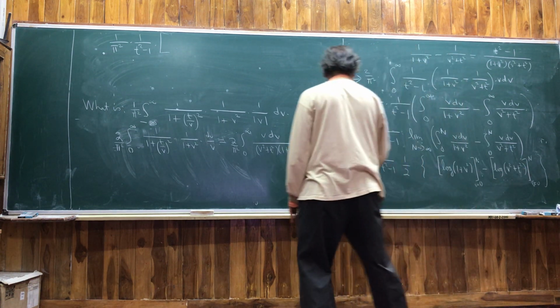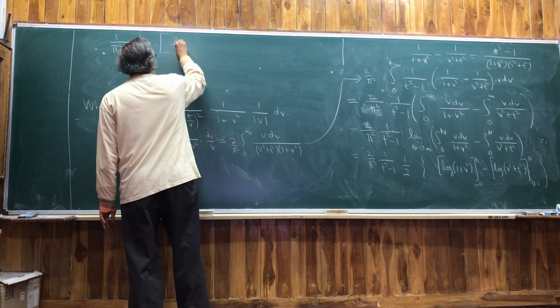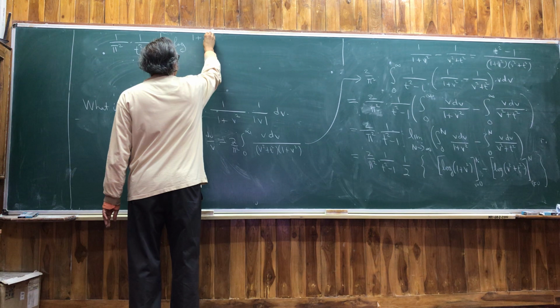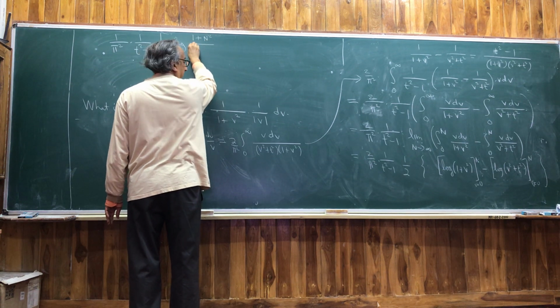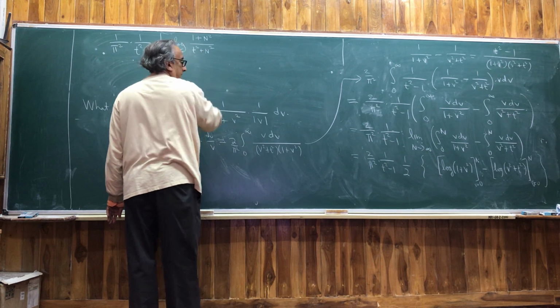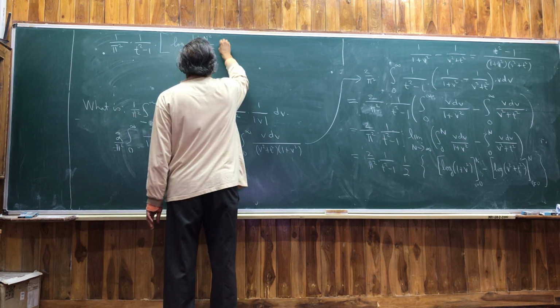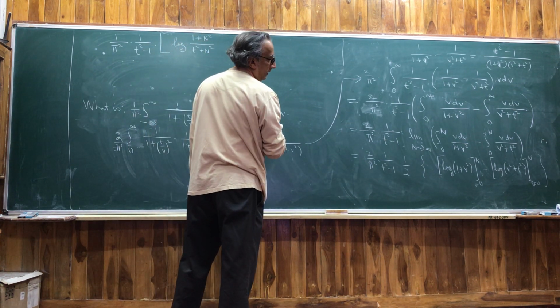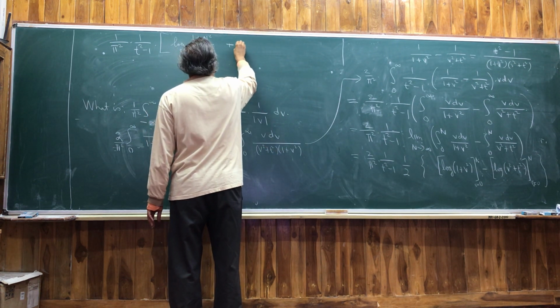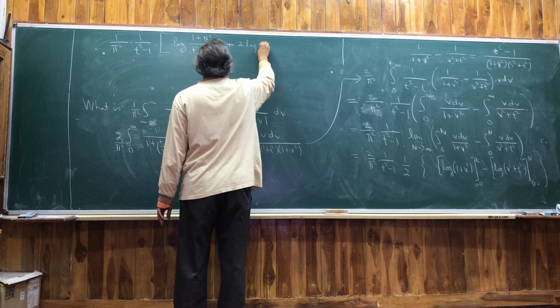Okay, let's just look at log of 1 plus n squared divided by log of t squared plus n squared. And then minus is a plus, plus 2 log t. Is that fair enough?